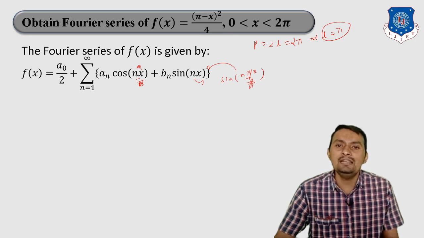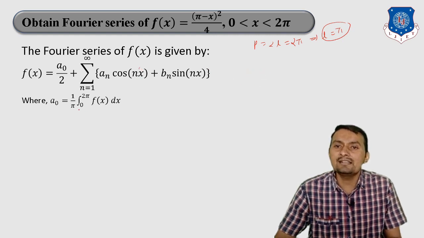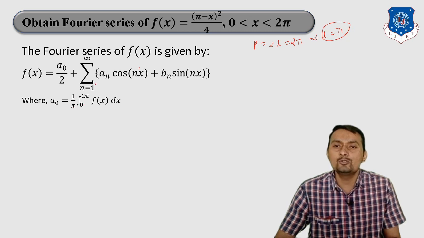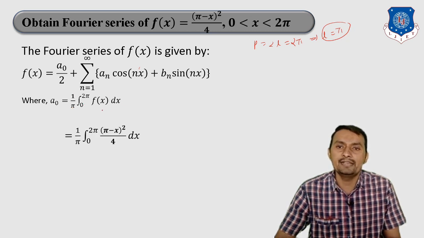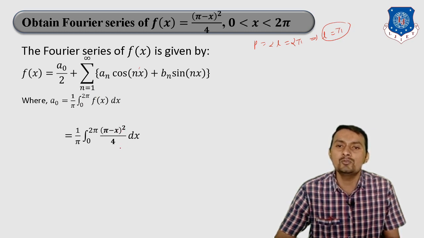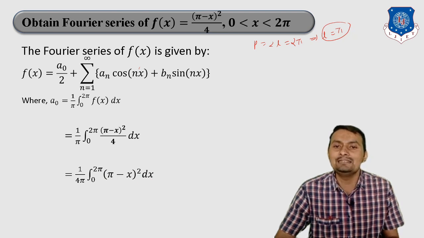So now let's have a look at the first one, a0. So a0 is what? Integration. a0 is equal to 1 divided by L, but L is equal to pi, integration from 0 to 2 pi of f of x dx. But f of x is equal to (pi minus x) square divided by 4, so I can take 4 common as a constant quantity, so we get integration from 0 to 2 pi of (pi minus x) square dx.